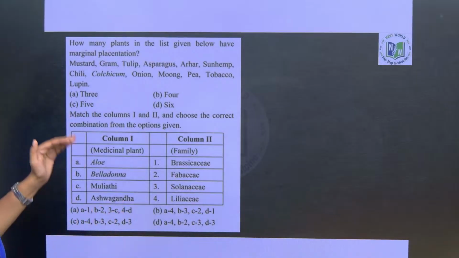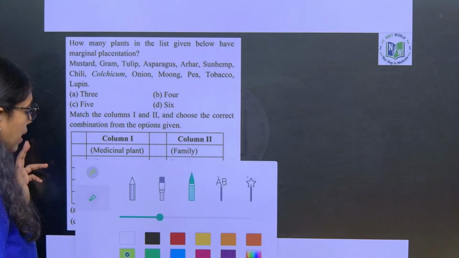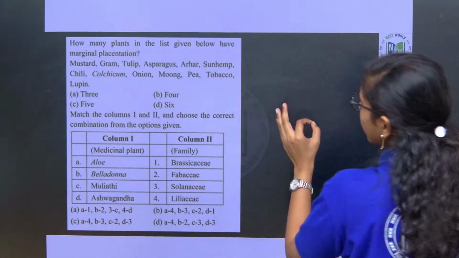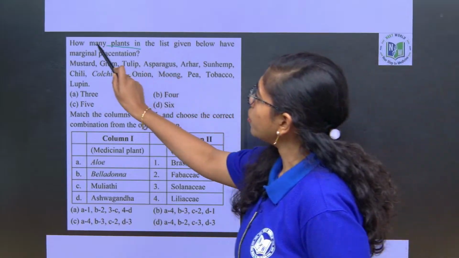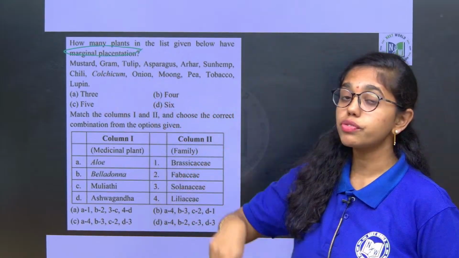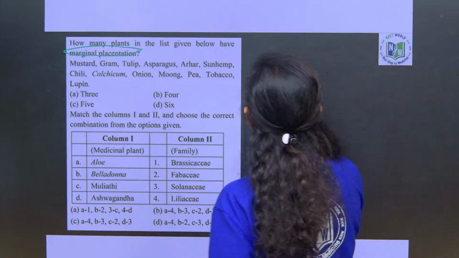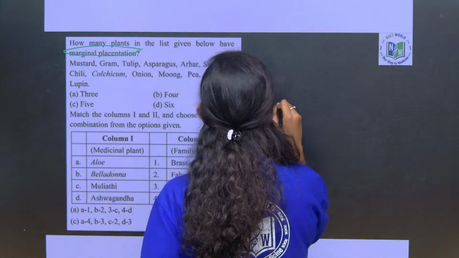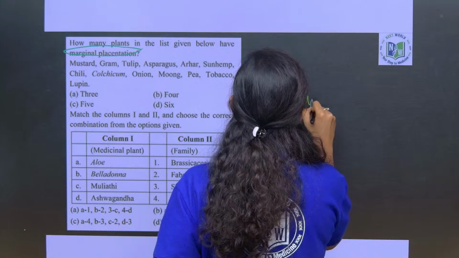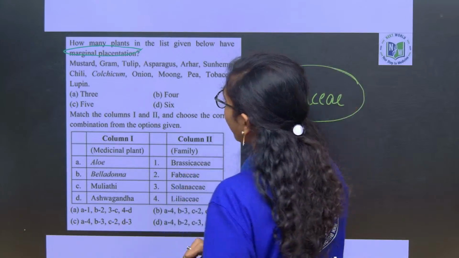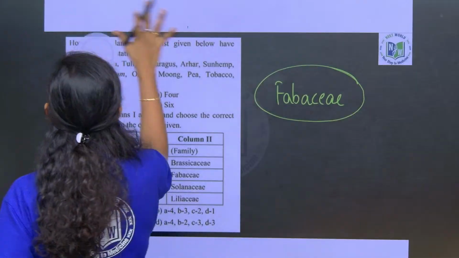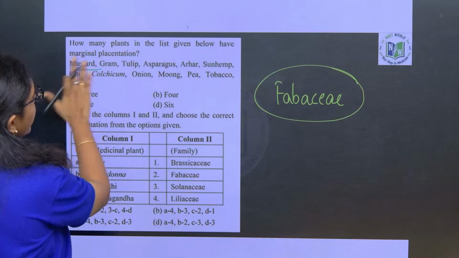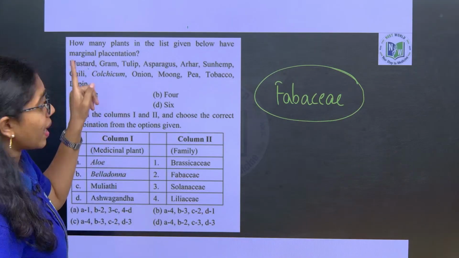Next, how many plants in the given list are having marginal placentation? First, you immediately recall marginal placentation for which family it will be? Fabaceae family. Note down the family Fabaceae. So, from this family, how many are showing the marginal placentation? That is the question, right? So, here if you see beta, mustard belongs to Brassicaceae family.